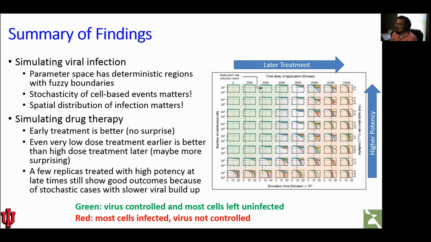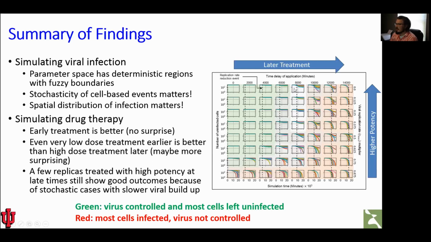Now again, looking at the left column, we see that early treatment is better. You can see this with the green shaded region. This is looking at the number of uninfected cells in this case. And you'll notice that in the green shaded regions the curves don't change very much, meaning that the number of uninfected cells is approximately constant through the simulation, not much infection, not much tissue damage.